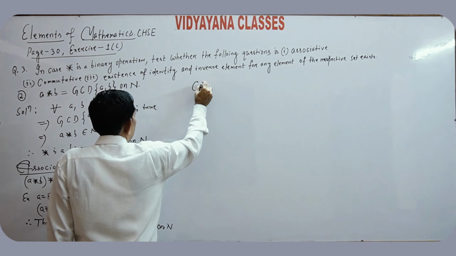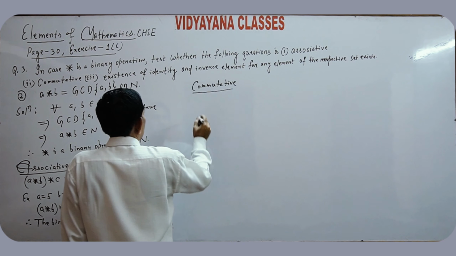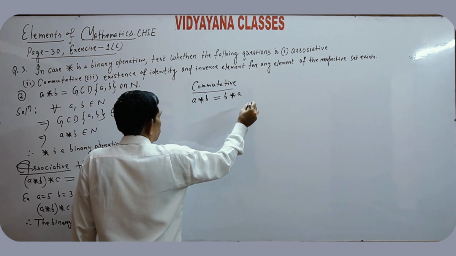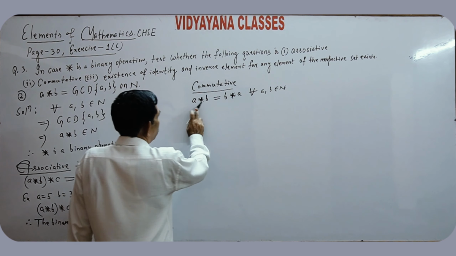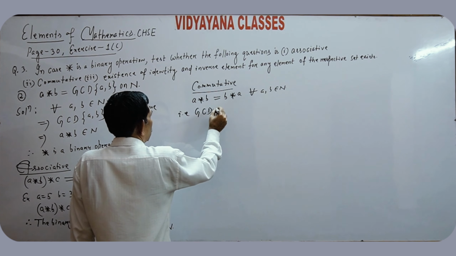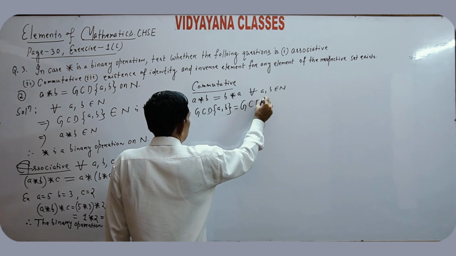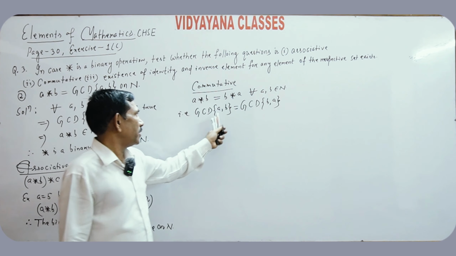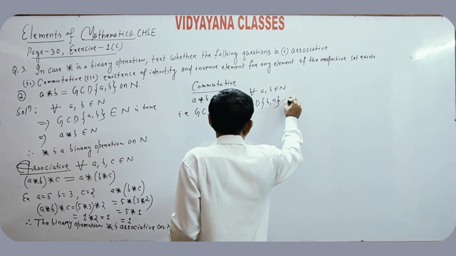Test for commutative. A star B is equal to B star A for all A, B belongs to capital N. GCD of A and B is the same as GCD of B and A. The greatest common divisor of A and B is the same as the greatest common divisor of B and A. Is it true?